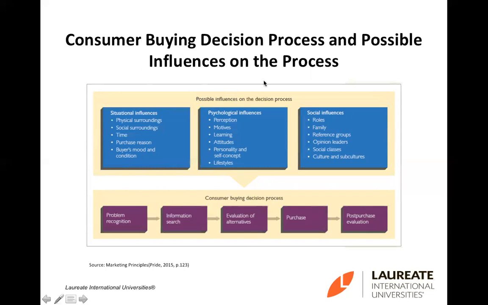Okay. So this is basically about the consumer buying decision process and possible influences on the process. There are several factors that affect the consumer's decision making. They include the situational influences, psychological influences, and social influences.